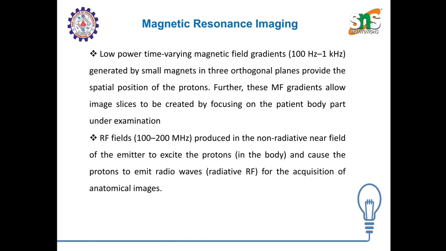Further, these magnetic field gradients also allow image slices to be created by focusing on the patient body part under examination. RF fields between 100 to 200 MHz, produced in the non-radiative near field of the emitter, excite the protons and cause the protons to emit radio waves for the acquisition of anatomical images.